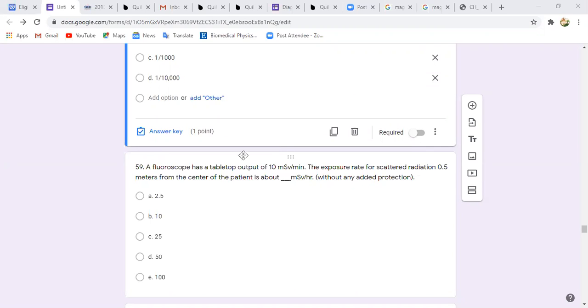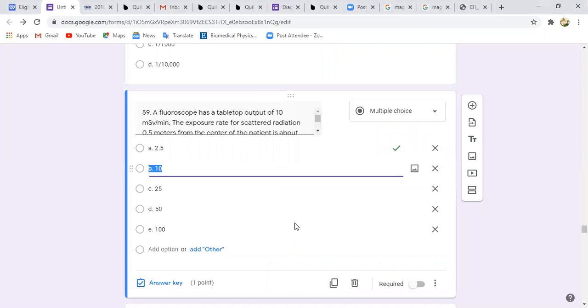They gave us millisievert per minute. So if we have 0.4 millisievert per minute, in 1 hour we just multiply by 60. 0.4 multiplied by 60 is 24 millisievert per hour. So that's C.